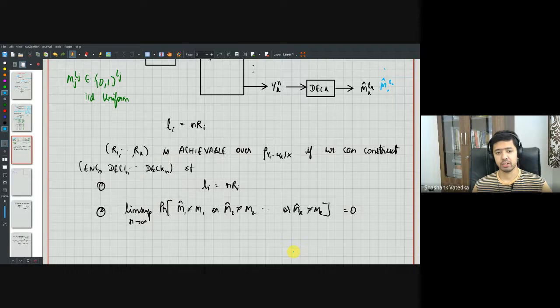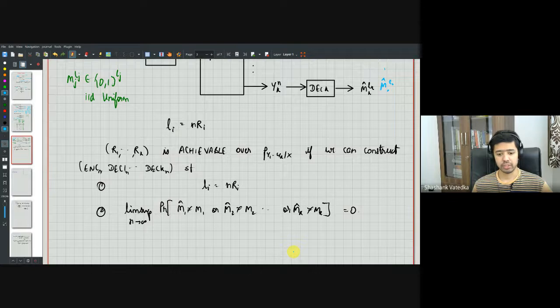The capacity region for a k-user multiple access channel looks very similar to that of the two-user multiple access channel, and essentially the techniques follow similarly. So we know exactly what the capacity region of a general k-user discrete memoryless multiple access channel is.